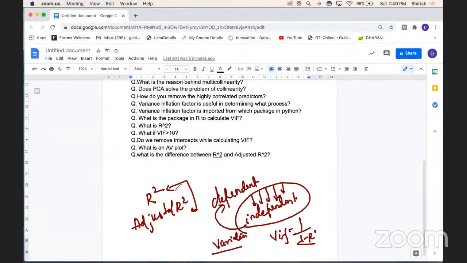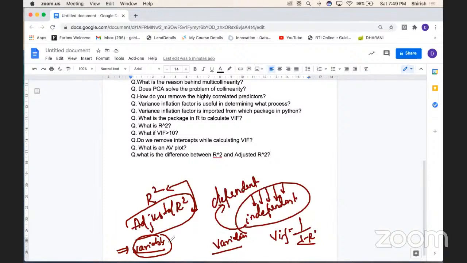If it is, you have to cross check your variables. It's nothing but a version of R square. As you people said, if you keep adding a variable, that means a new predictor is added.